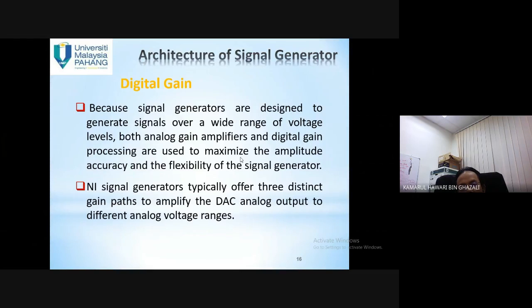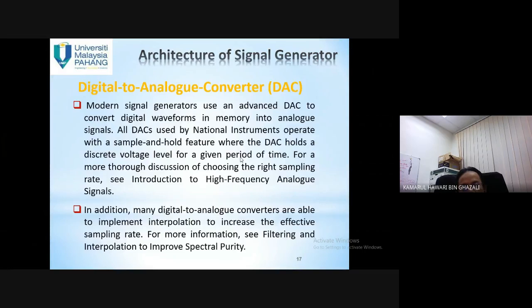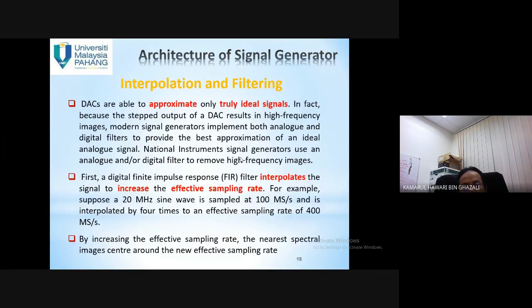Next is digital gain. Because signal generators are designed to generate signals over a wide range of voltage levels, both analog gain amplifiers and digital gain processing are used to maximize the amplitude accuracy and the flexibility of the signal generator. DAC: this is a digital to analog converter, because you want to generate a signal.